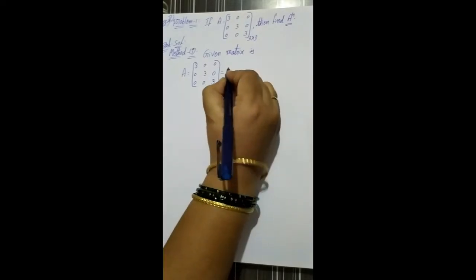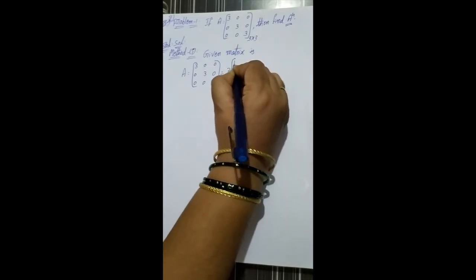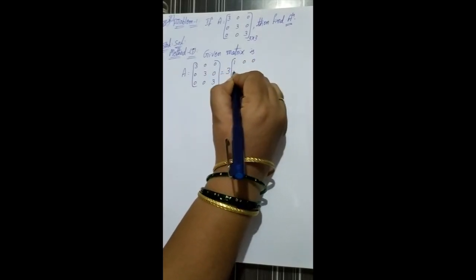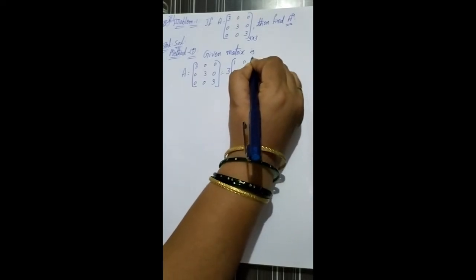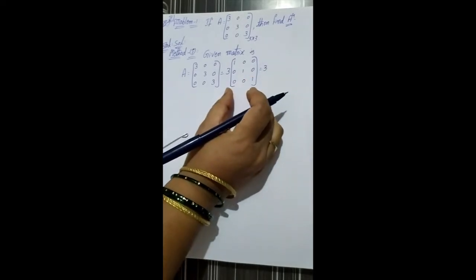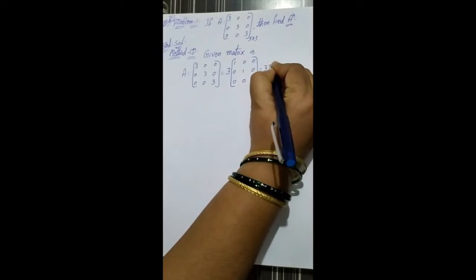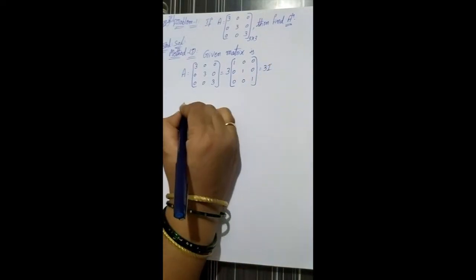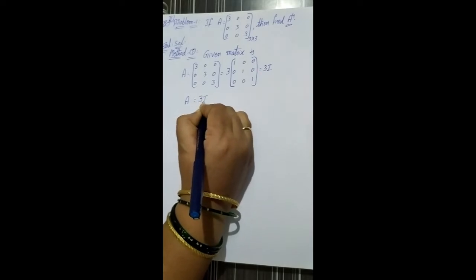By taking 3 as common, the remaining matrix is 1 0 0, 0 1 0, 0 0 1. That is equal to 3 into, this matrix is a unit matrix of order 3 by 3, that is 3 into I. Then we understand that capital A equal to 3I.